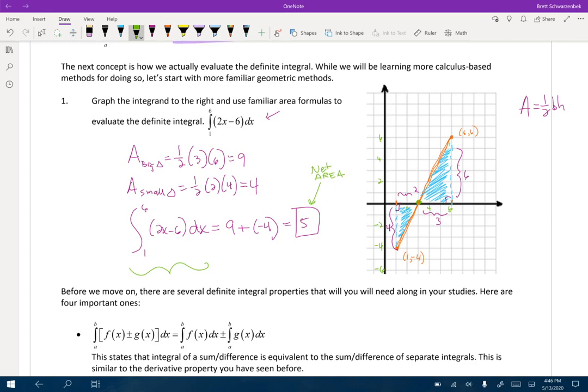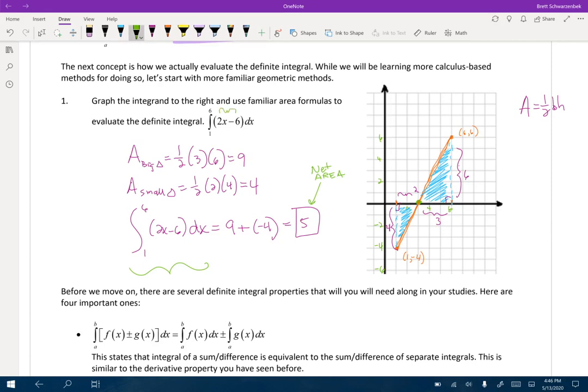So you'll never really use triangles again to do this unless you do it in the homework or labs or something. This is all going to be done with calculus, but this is a very valuable way for a student to see that all this is just glorified area computations. The thing is, it was really easy to do because it was a straight line function.